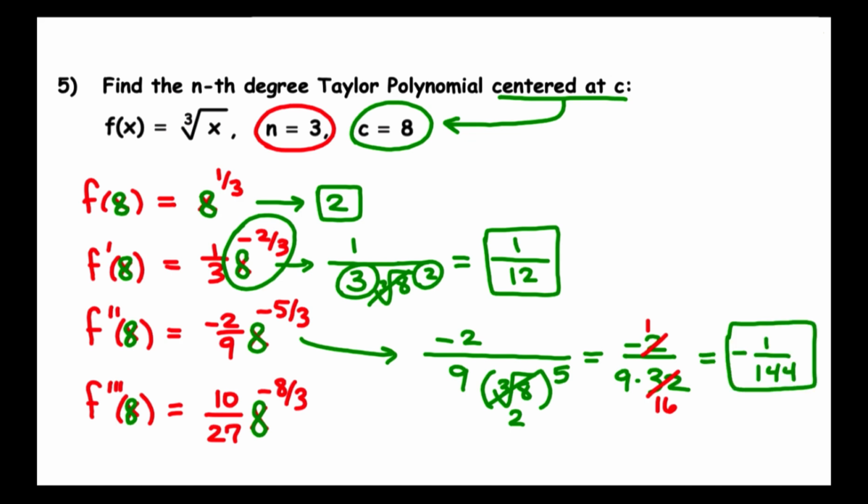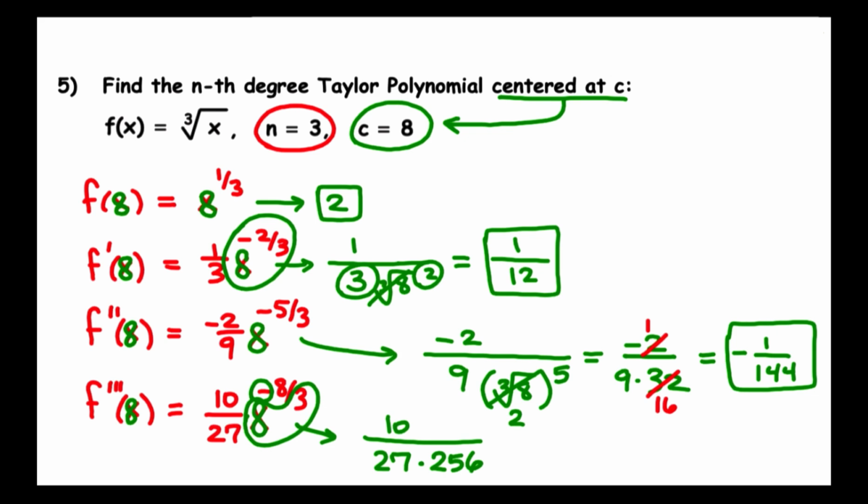And finally, the third derivative, it's going to be 10 over 27. Let's see, the cube root of 8 is going to be a 2. It's in the denominator. 2 to the 8 is 256. Yeah, that's right.